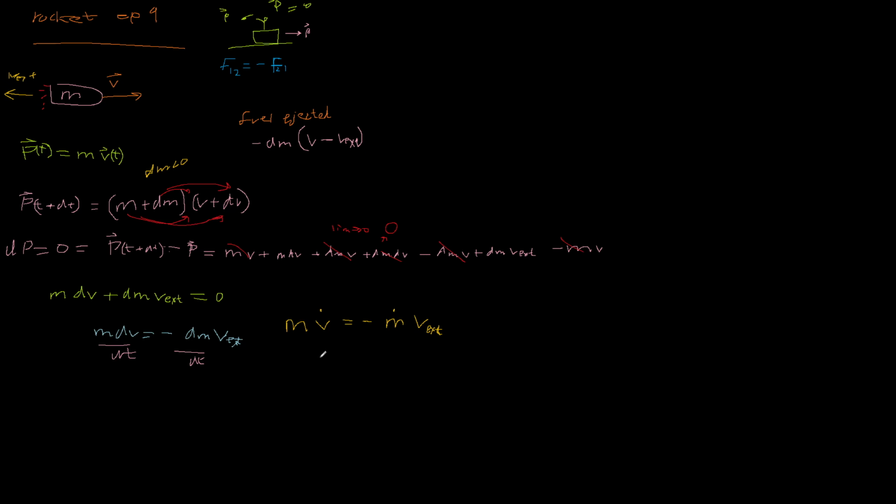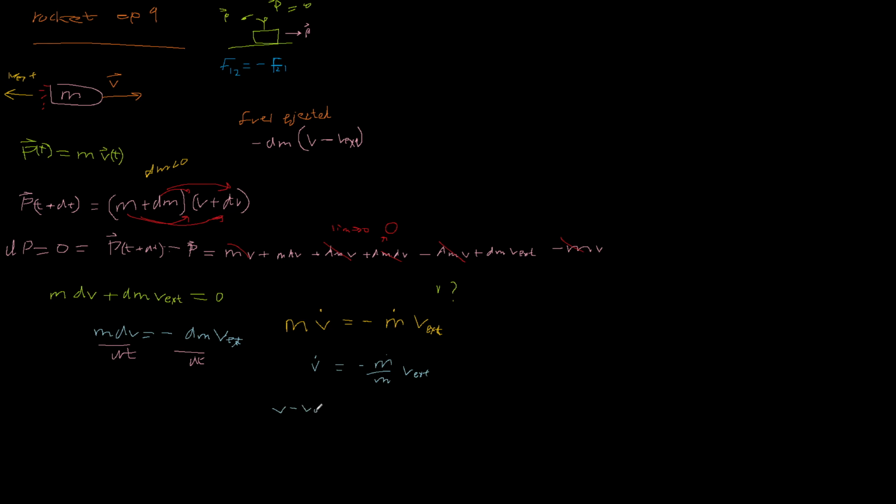And how can we solve for v? So we want to get v. How can we do that? The first thing we're going to do is divide by m and separate these. You get negative m dot over m, and then v external is a constant.